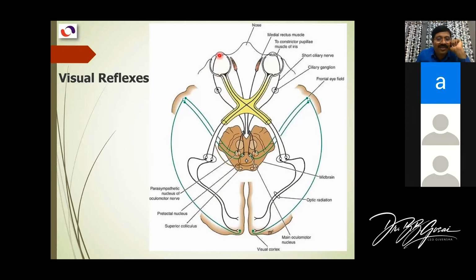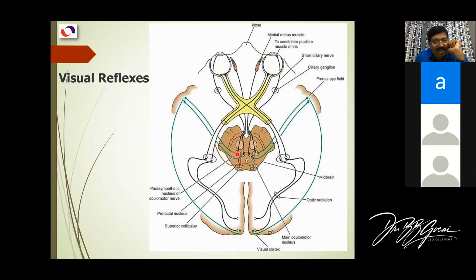We trace again. Light is shown on this side, for example, and the impulse will pass from here to here, and before it goes to the geniculate body, the fibers leave. These fibers go to the pretectal nucleus, which is here in the midbrain, and from the pretectal nucleus, fibers go to the same side oculomotor nucleus and the opposite side oculomotor nucleus also.